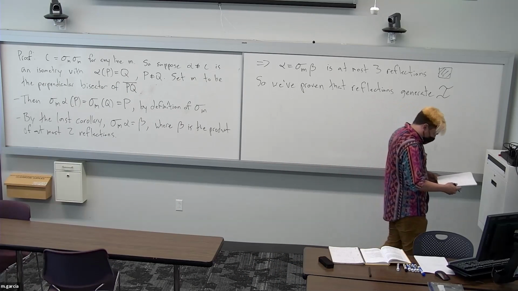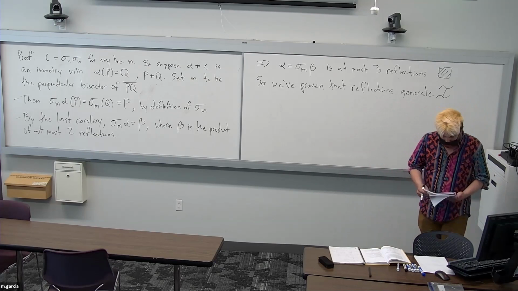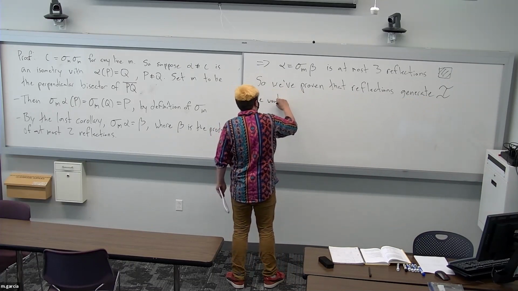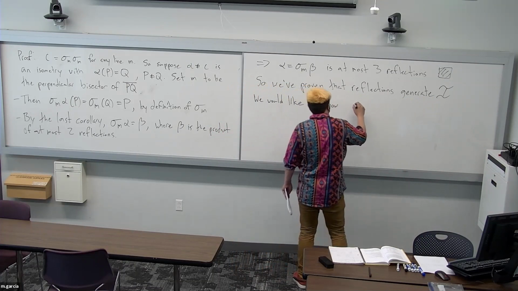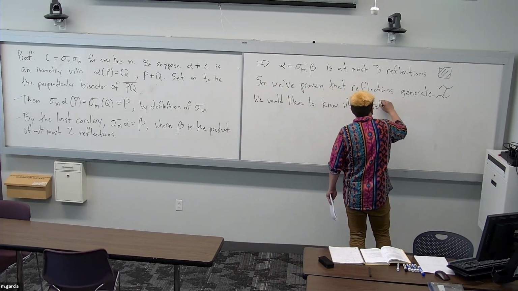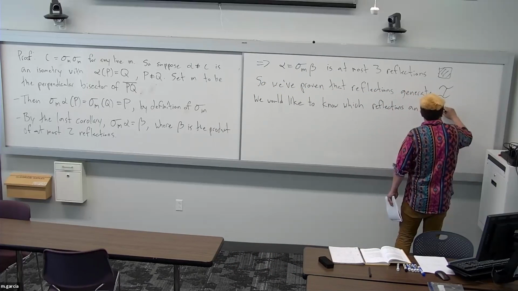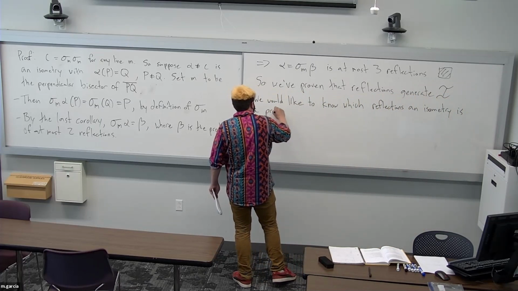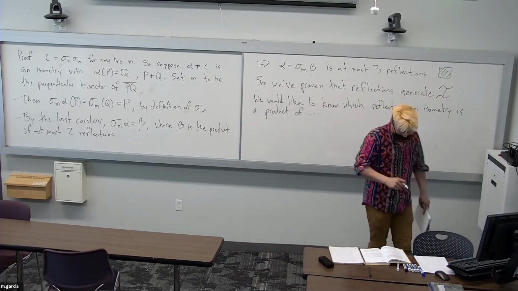So in general, we would like to know which reflections an isometry is a product of.